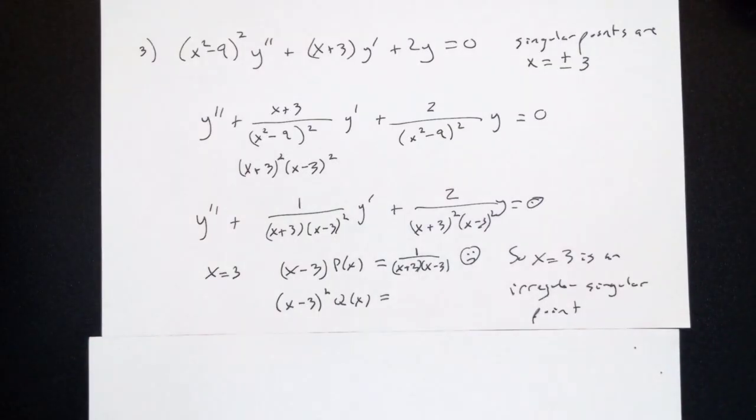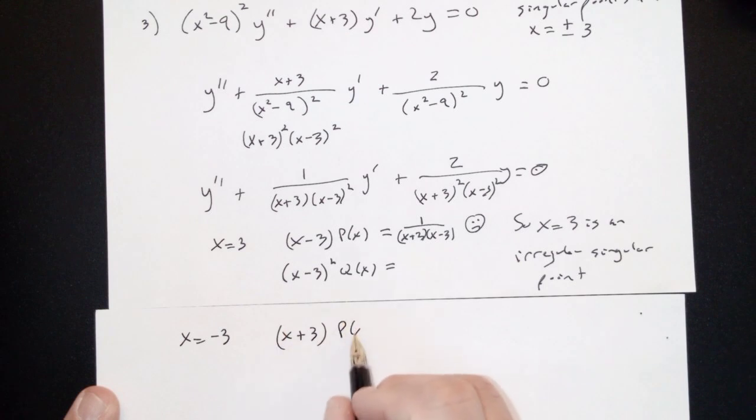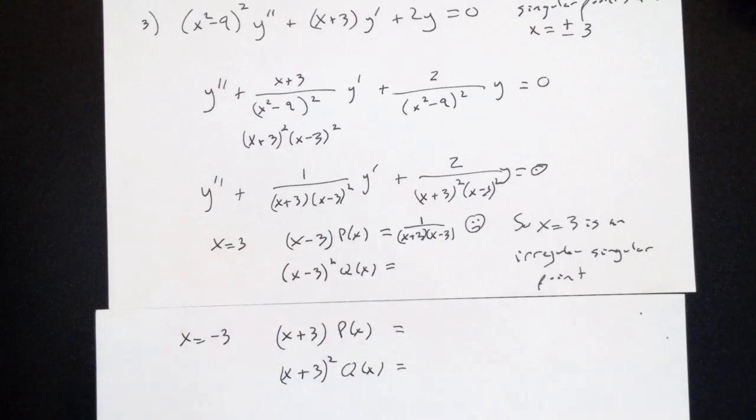Now do the same thing for x equals -3. We're going to look at x plus 3 times p of x, and x plus 3 squared times q of x. What are these two functions?